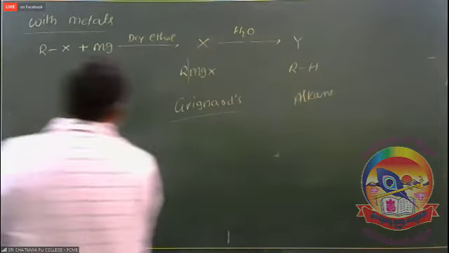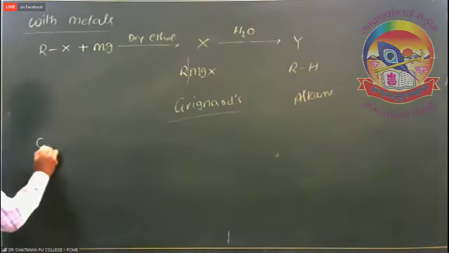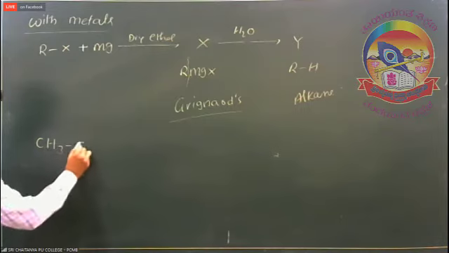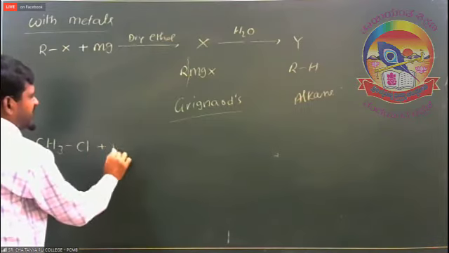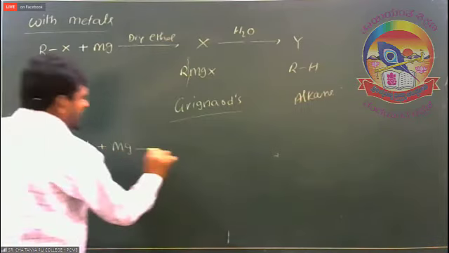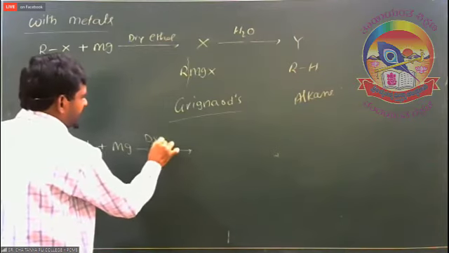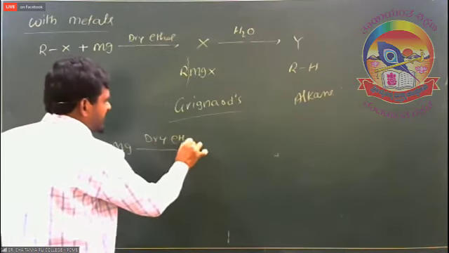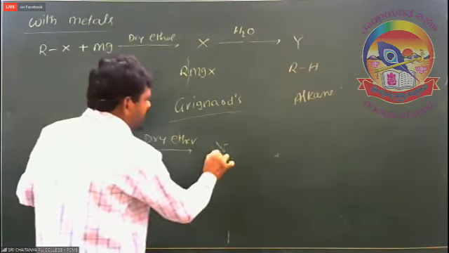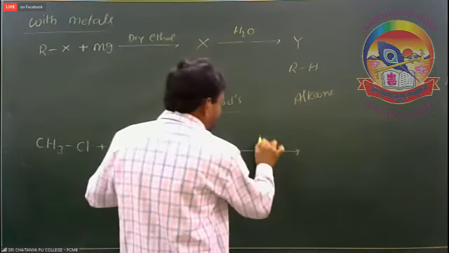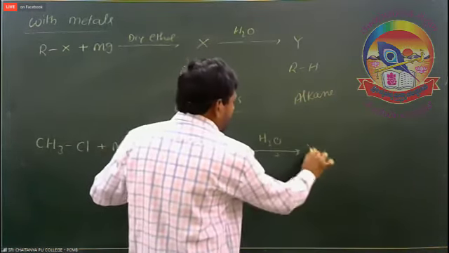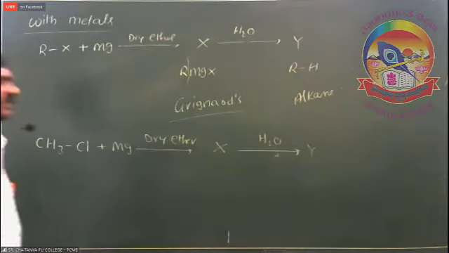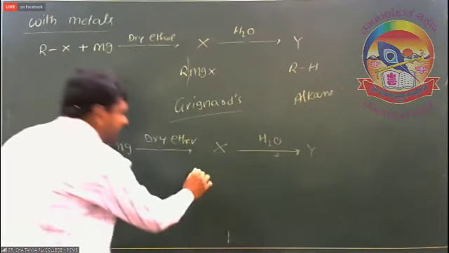Take a specific example. CH3Cl, methyl chloride, is treated with magnesium metal in the presence of dry ether. Here the product formed is X. This X on hydrolysis gives Y. What is X?